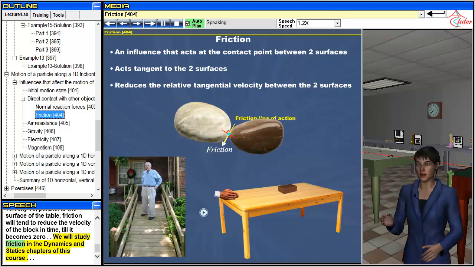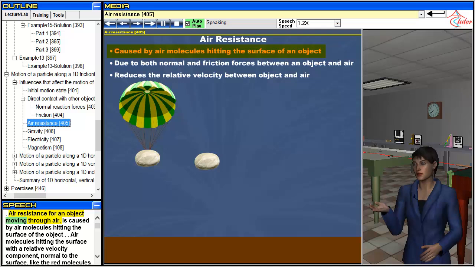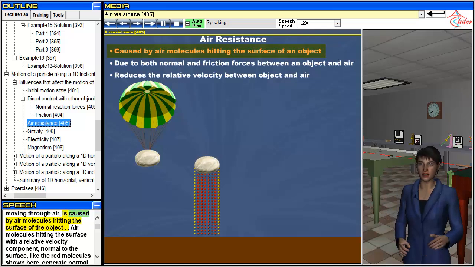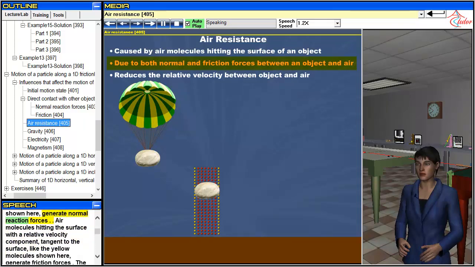We will study friction in the dynamics and statics chapters of this course. Air resistance for an object moving through air is caused by air molecules hitting the surface of the object. Air molecules hitting the surface with a relative velocity component normal to the surface, like the red molecules shown here, generate normal reaction forces.